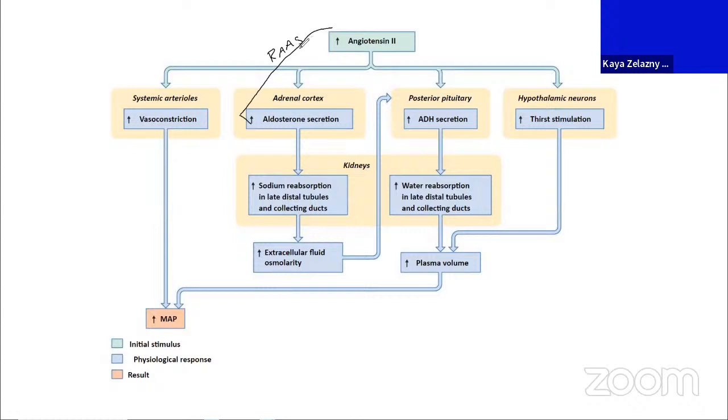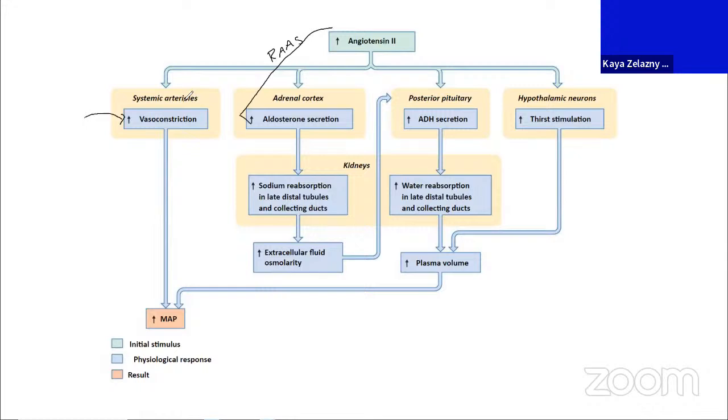Angiotensin 2 does actually have some other systemic effects. It was one of our bullet points that we mostly ignored in previous units. One other important action of angiotensin 2, now that we've been properly introduced, is vasoconstriction on systemic arterioles.